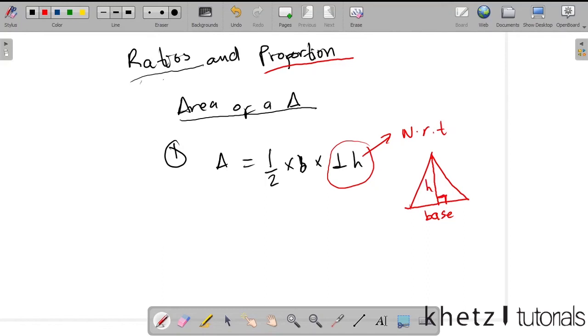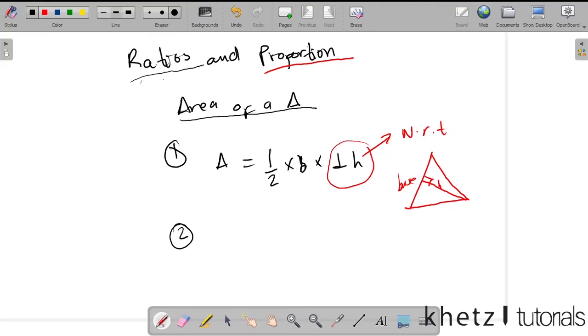If we had chosen the base to be this side, then our perpendicular height would be something like that. So the first point says the height is chosen with respect to the base. You can choose any side to be your base for a triangle, and that determines where the perpendicular height is going to originate. That is the first point, and we're going to move to the second point.